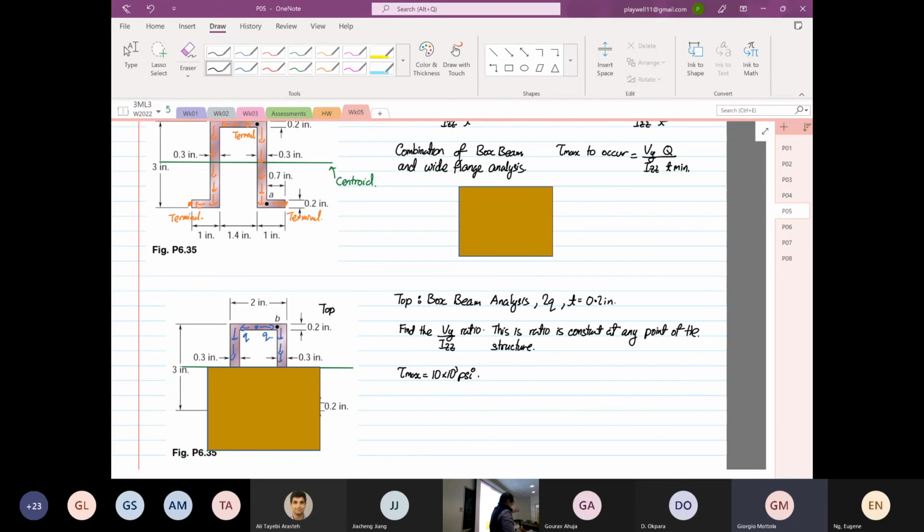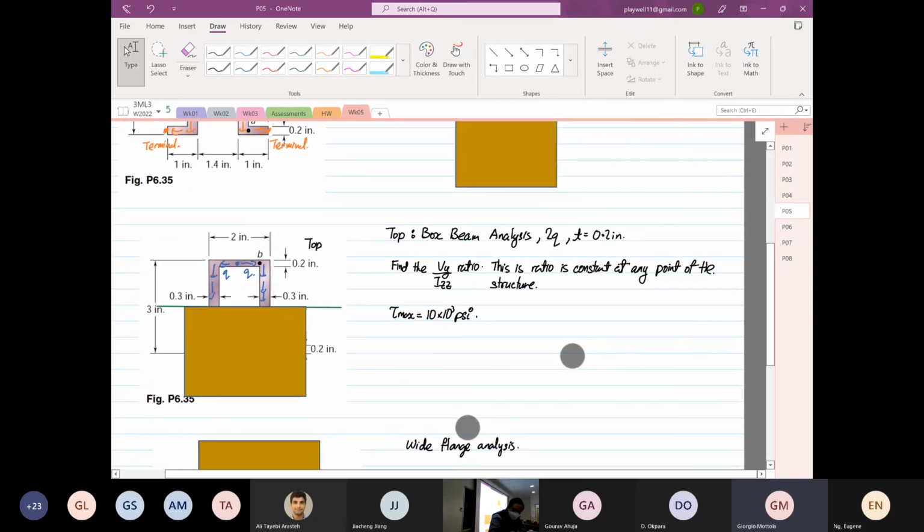I don't know, so we have to check. There are 3 points we have to check: point B, point A, and the centroid, to see where the maximum is. So here we go. We want to find the QZ at point B.